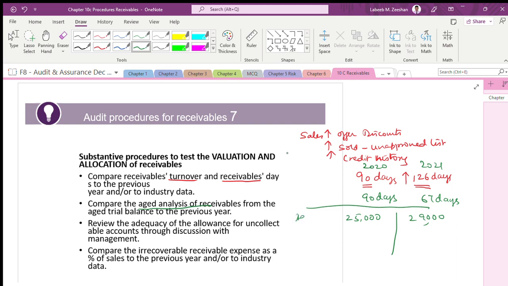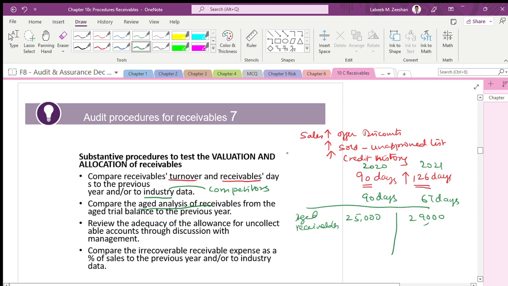This is a cause of concern. Don't put the numbers in the examination. Just write: compare receivables turnover and receivable days with the previous year. We are not only comparing with the previous year, we are also comparing with the industry data, which means in terms of competitors.